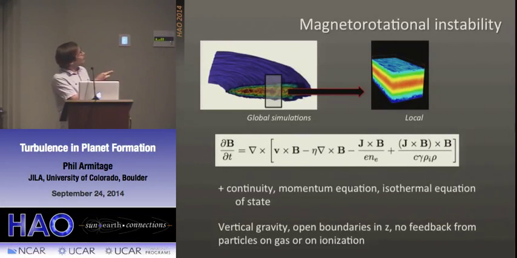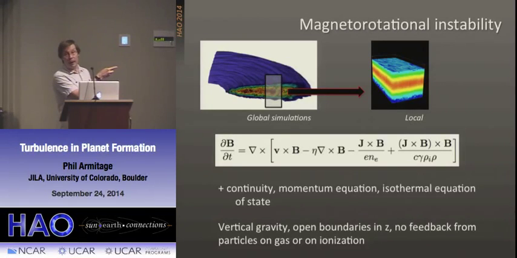So for the most part, we've been instead considering local calculations where conceptually what you do is take a small patch of this protoplanetary disk and simulate it in a local domain with appropriate shearing periodic radial boundary conditions. So you linearize the shear about some point, consider some vertical domain, radial and azimuthal domain. You have periodic boundary conditions in the azimuthal direction.